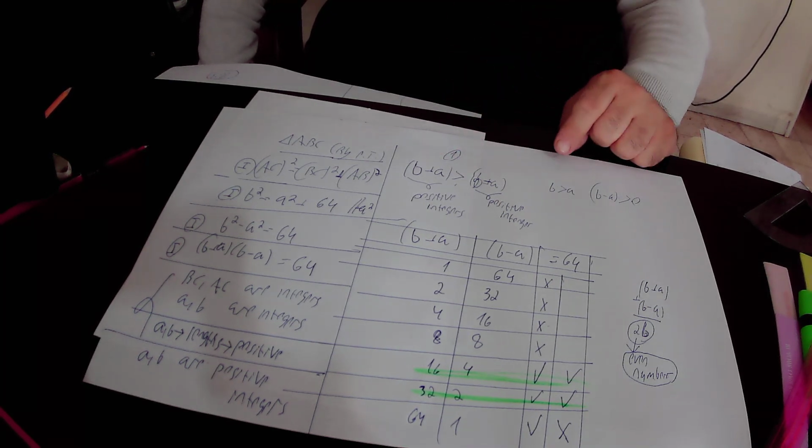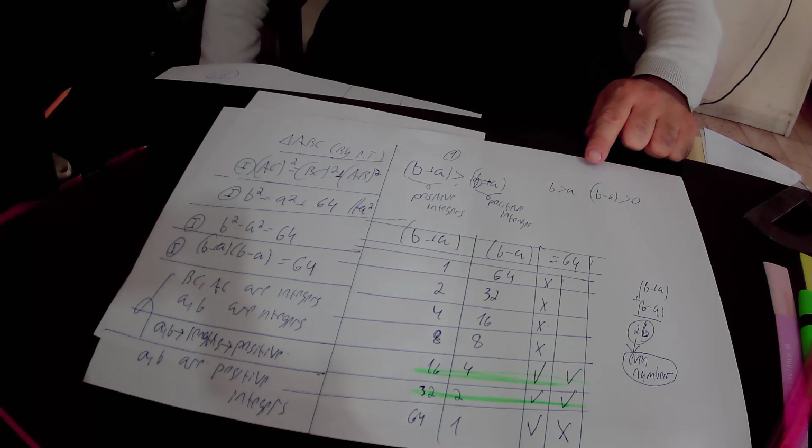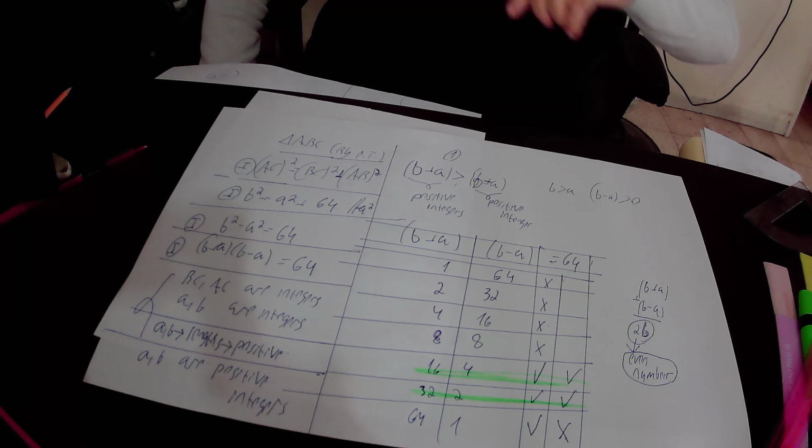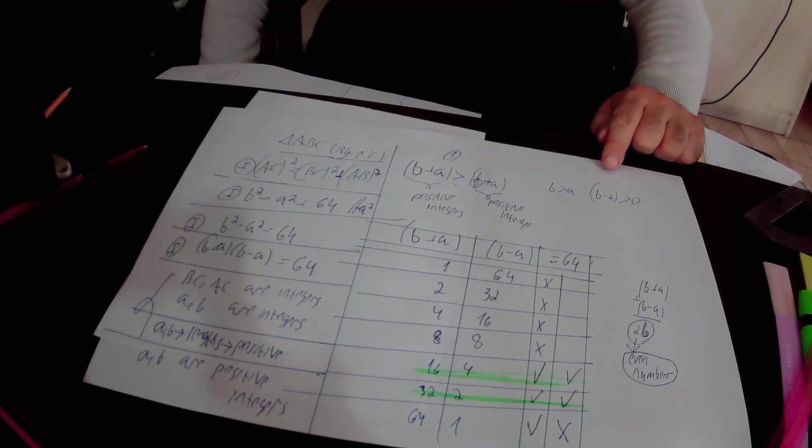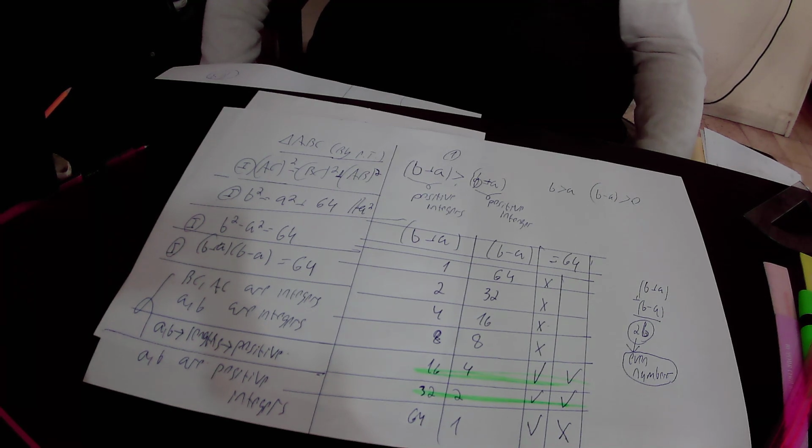And we know that the hypotenuse is greater than the perpendicular in a right triangle, therefore b is greater than a. We subtracted a from this inequality, and we got that b minus a is greater than 0. That is to say, b minus a is a positive number.